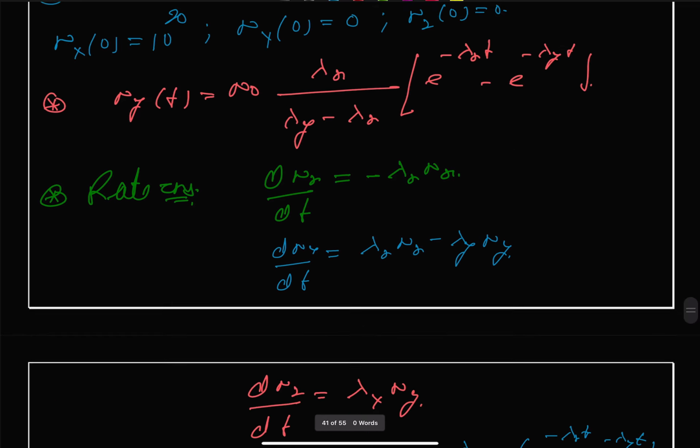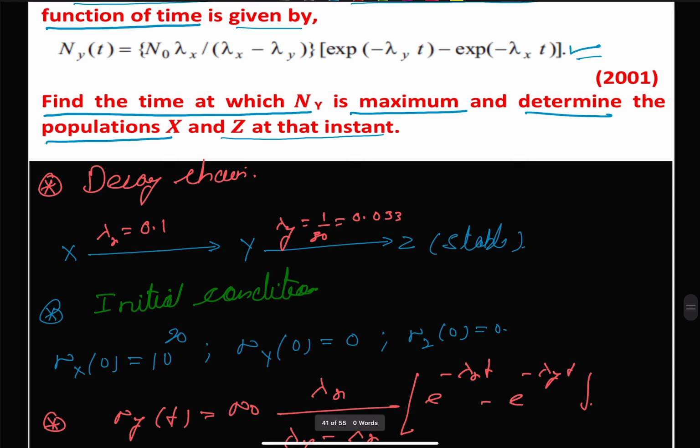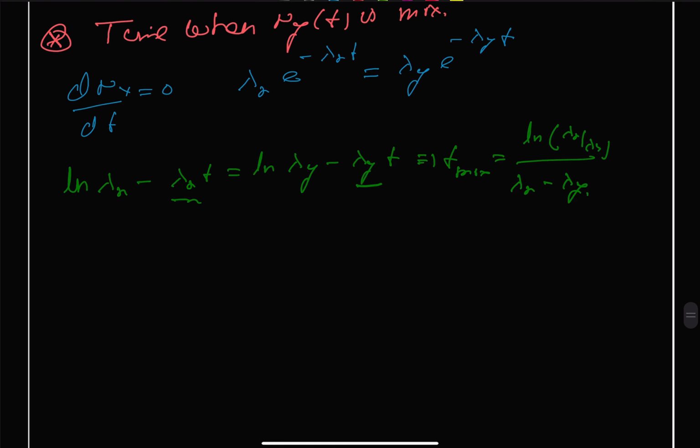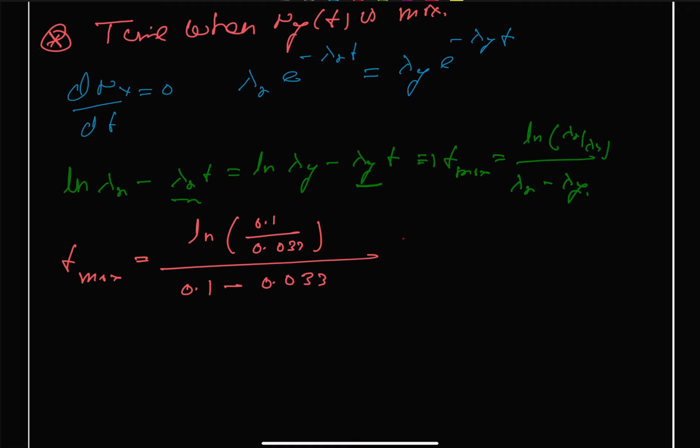And we already know these values. These are 0.1 and 0.033. So we get our t max will be equal to natural log of 0.1 divided by 0.033, and this comes as 0.1 minus 0.033, approximately equal to 16.48 seconds.